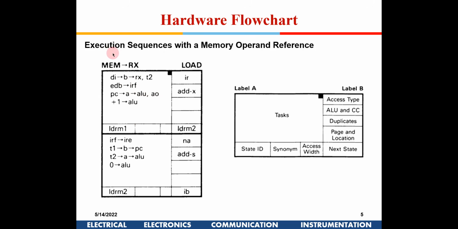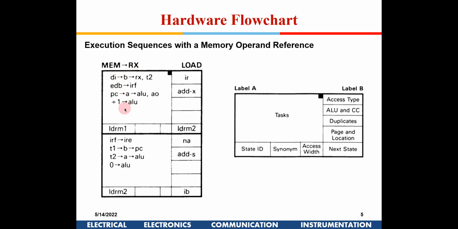So I can also have an execution sequence with memory operation reference. Okay, let's see how the labels are put here. So I have a memory to register operation, load. That means the data of the memory, data available in some memory which has been defined, is to be brought to register RX. Okay.